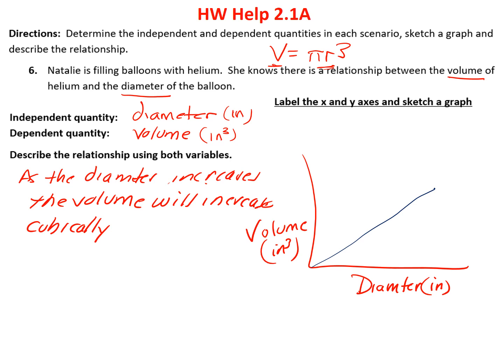Like when you have 1 cubed is 1, but 2 cubed is 8, 3 cubed is 27. In other words, it starts and then it really takes off like that. Now ultimately you reach a place where you stop and the balloon stays there because you fill it up as much as you can. Although actually that's not entirely true, because we wouldn't want to graph that. We usually just stop there.